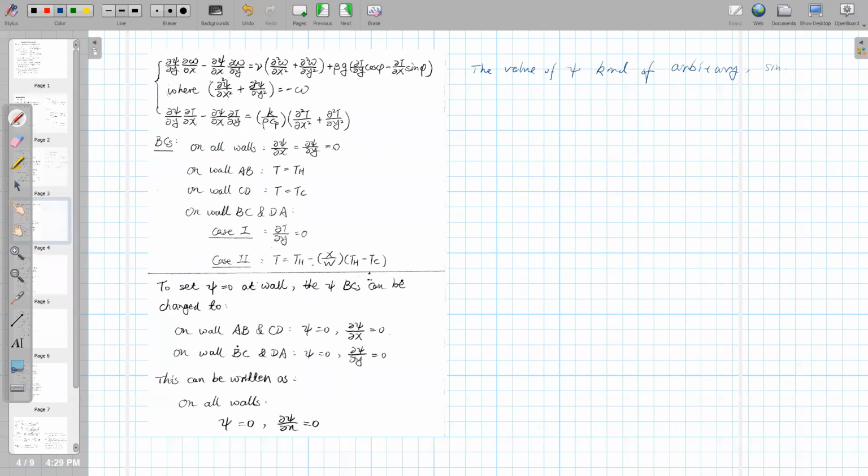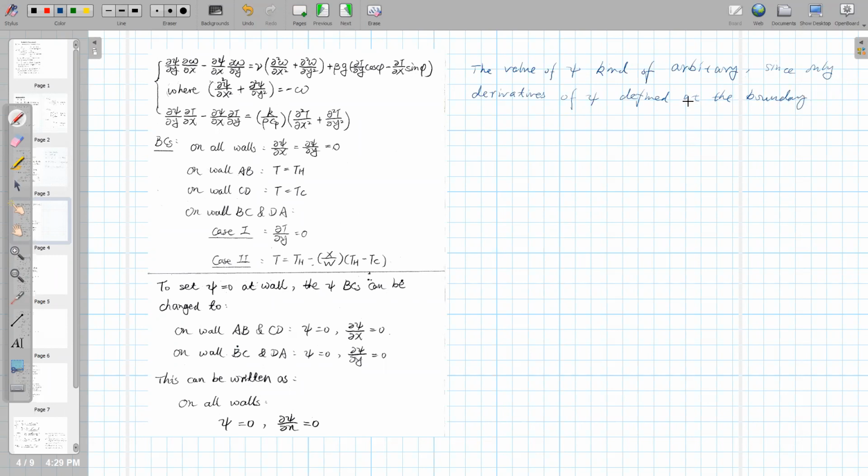Since only the derivative of psi is defined at the boundary.